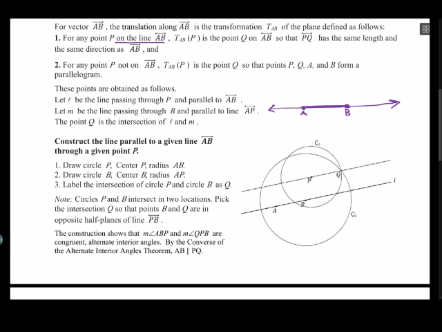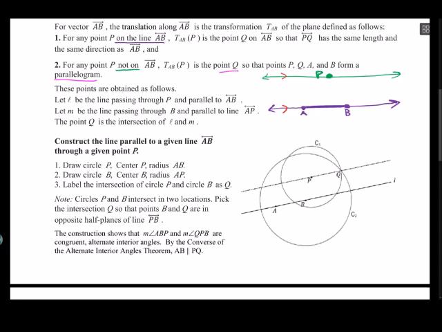Now what happens when we have a point not on this line? So we have, let's say, point P here. Now we know that we are going to need a parallel line, which we're going to have to construct. So these two lines are going to be parallel. And what happens is that point Q is going to form a parallelogram here.